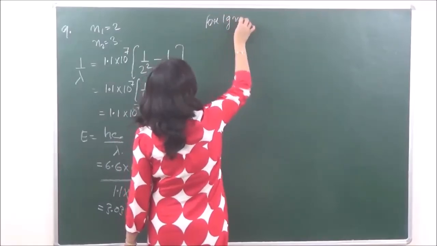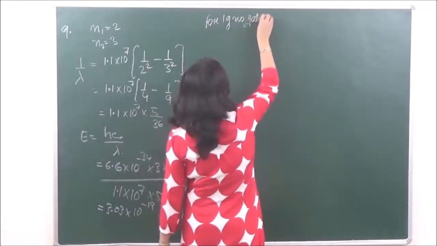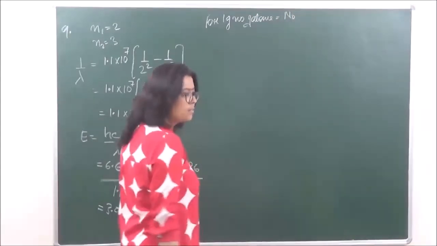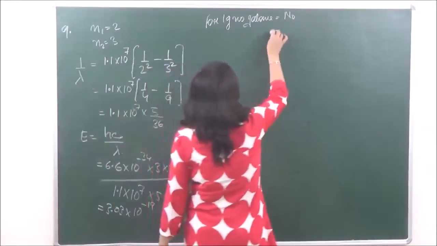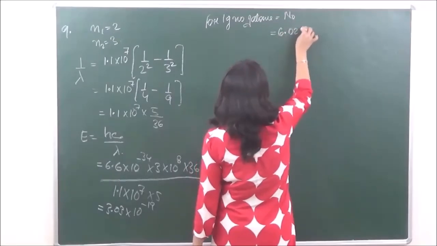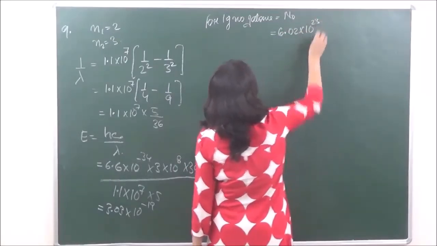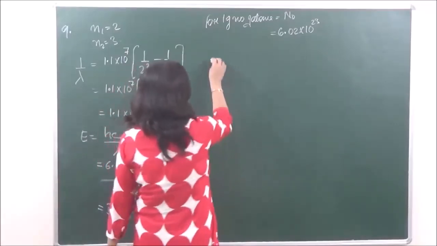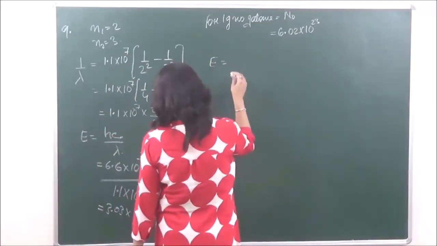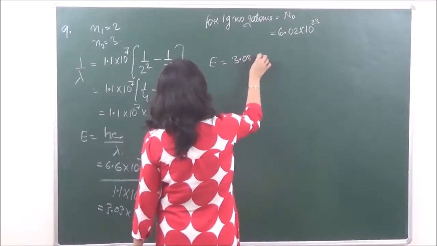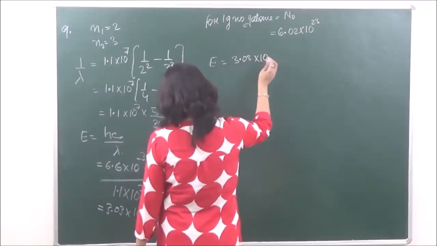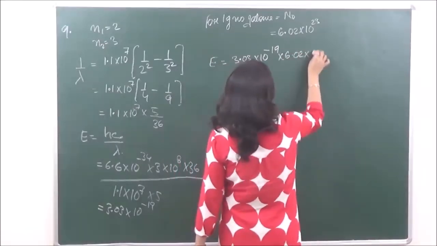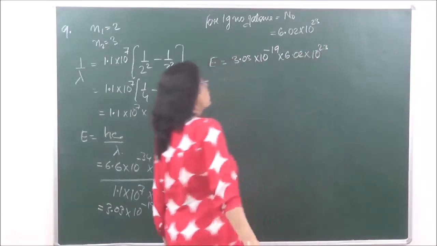So for 1 gram, number of atoms is going to be equal to N0, which is the Avogadro's number. This is an important question again. So this is 6.02 into 10 raised to power 23. Okay? So let's multiply energy for 1 gram. That will be equal to 3.03 into 10 raised to power minus 19 into 6.02 into 10 raised to power 23.